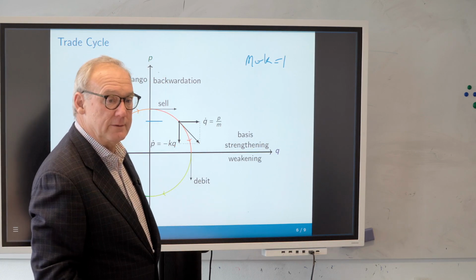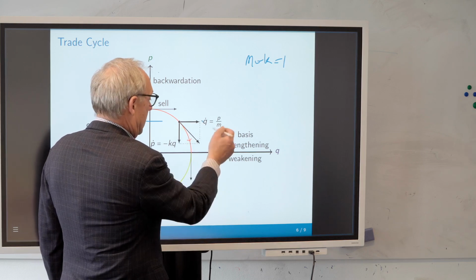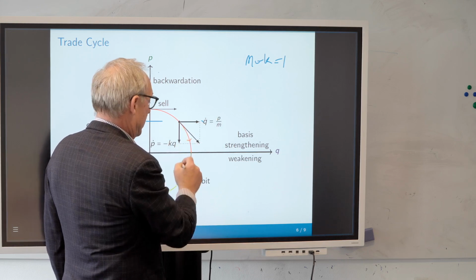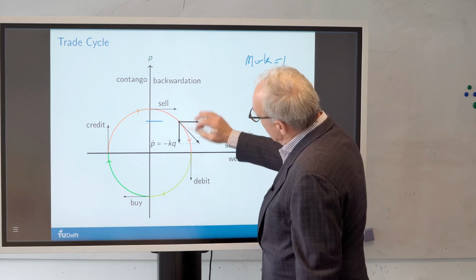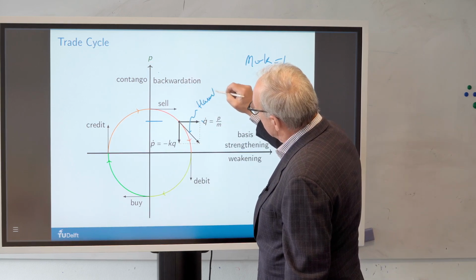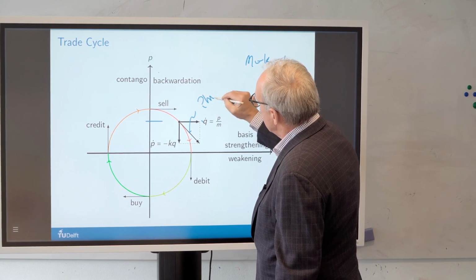This one is proportional to P, and this one is proportional to Q, okay? So if you compose the two vectors, you get this vector, and this is also called the Hamiltonian flow, or the phase flow.